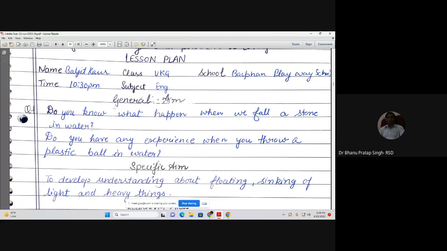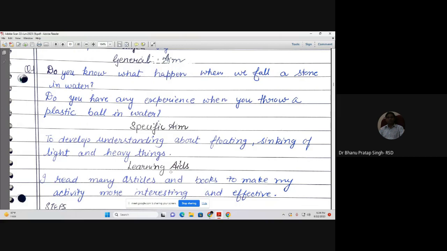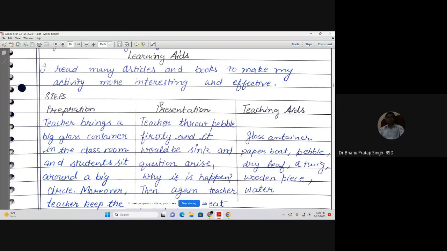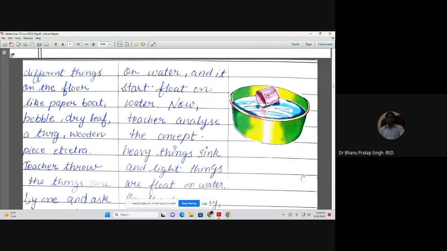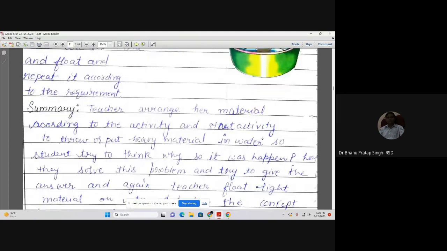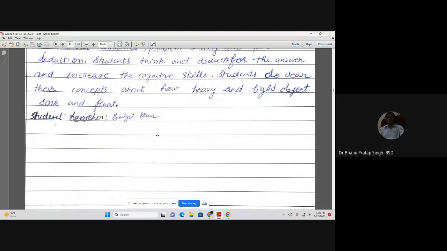General objectives, general aim, specific aim, what learning aid will be required, and this is the format: preparation, then presentation and teaching aid. Then summary, then evaluation, and the student teacher's name is Baljit Kaur. Okay, this is the researcher.